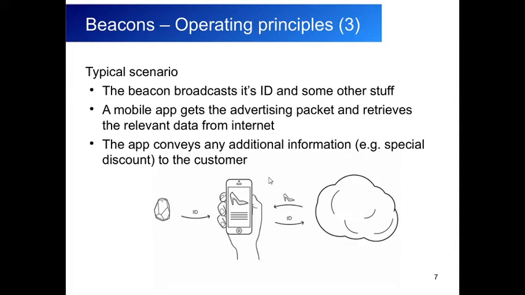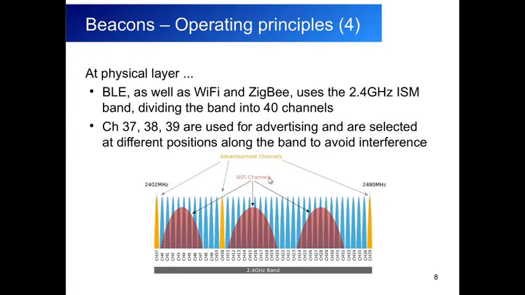At the physical layer, Bluetooth Low Energy works on the 2.4 gigahertz ISM band. ISM stands for Industrial, Scientific, and Medical, and there are specific channels used for advertising that are selected at different positions because they want to avoid interference.